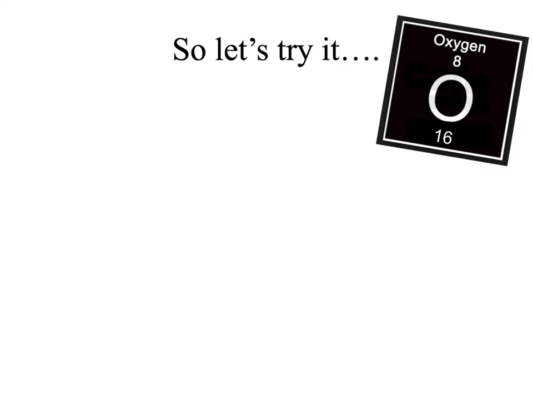So let's try oxygen. Oxygen has an atomic number of 8, which means it has 8 protons and 8 electrons. Now, remember, it has 8 electrons. The first 2 go into the first energy level, and then the rest of them go into the next one. So that means that I'm going to have 2 in the first energy level, 1, 2, and I'm just going to draw this real quick so we can think about it.